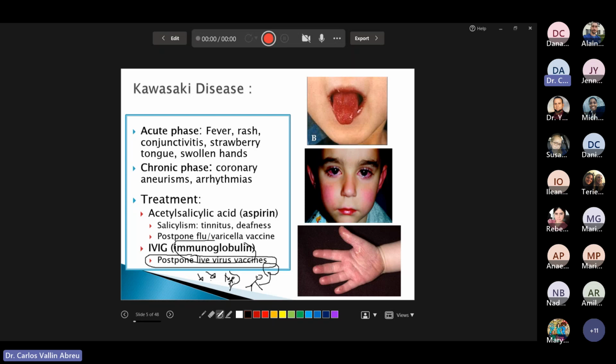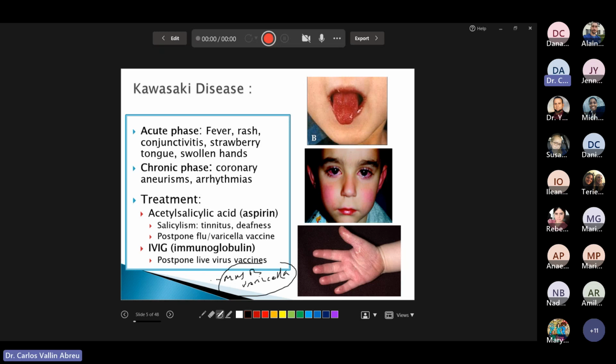But then those immune globulins contain antibodies, defenses that will kill the viruses that form the live viral vaccines, the MMR, I mean the measles, the mumps, and the rubella, and the varicella. Those are live virus vaccines. The virus needs to be alive, weakened, but alive to produce immunity.